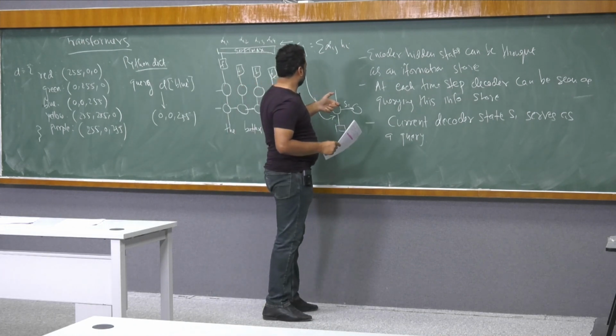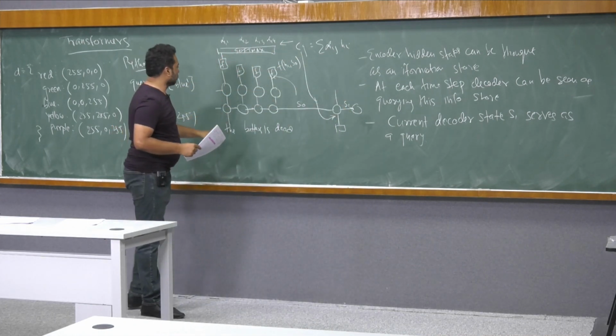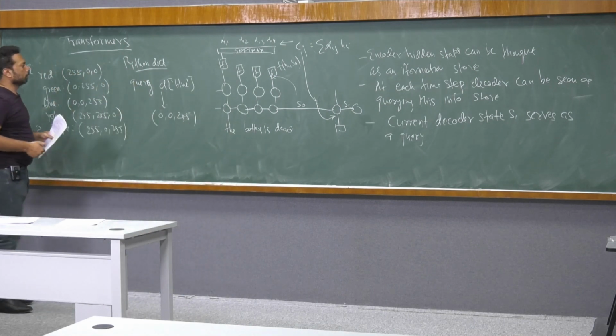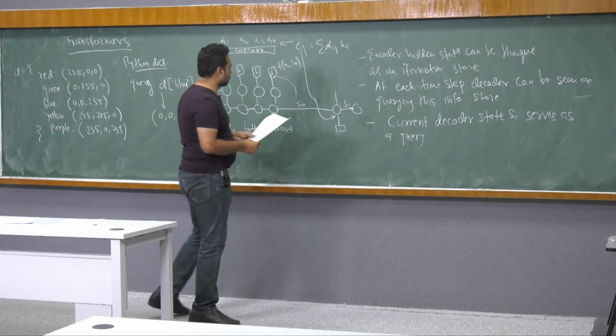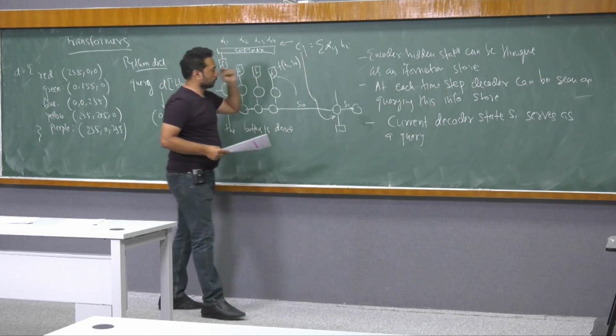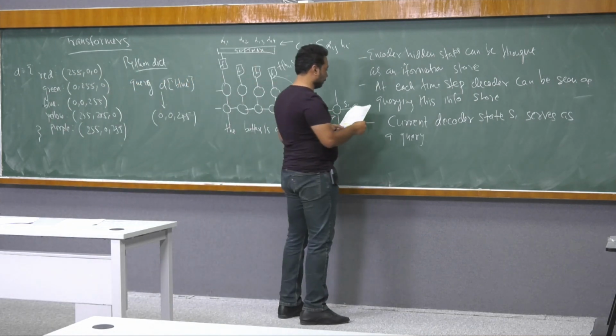Initially it should be S0 and then it's S1, and this query is matched with this information store. It's not exactly like a dictionary, but then from there what we retrieve as an output is this context vector C.